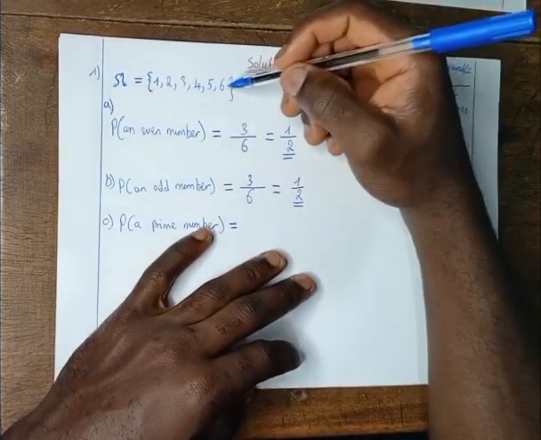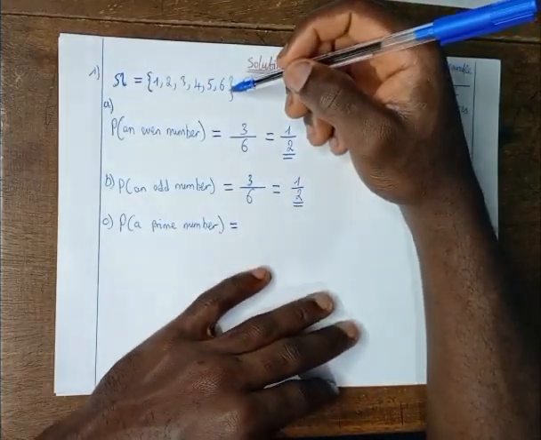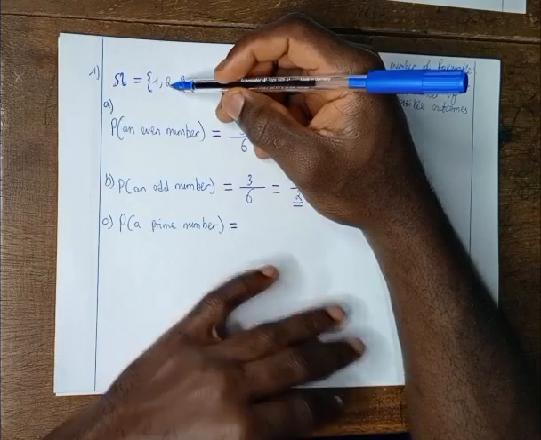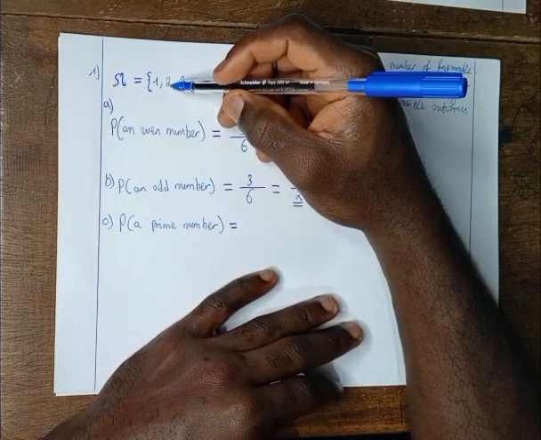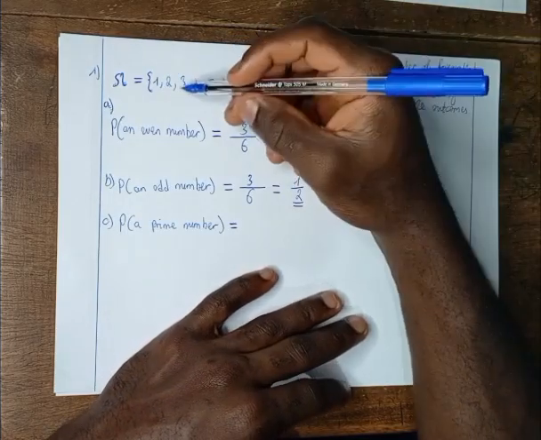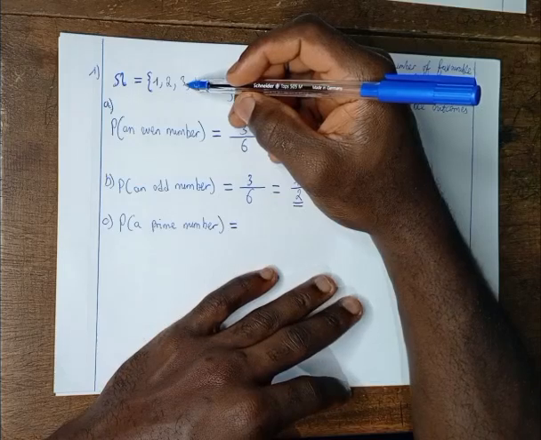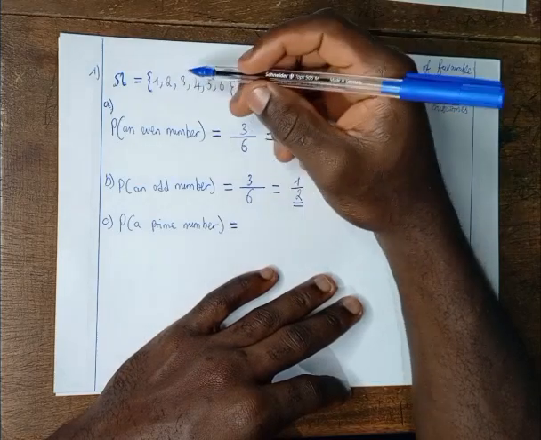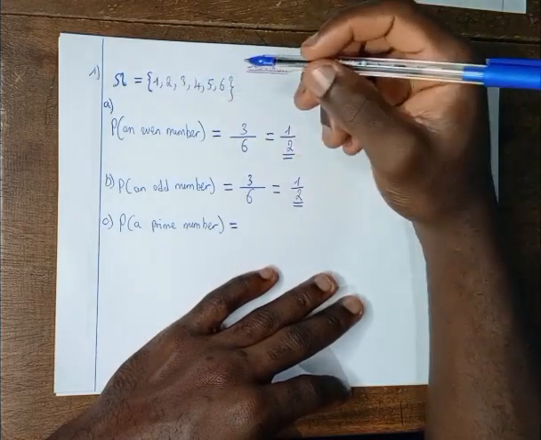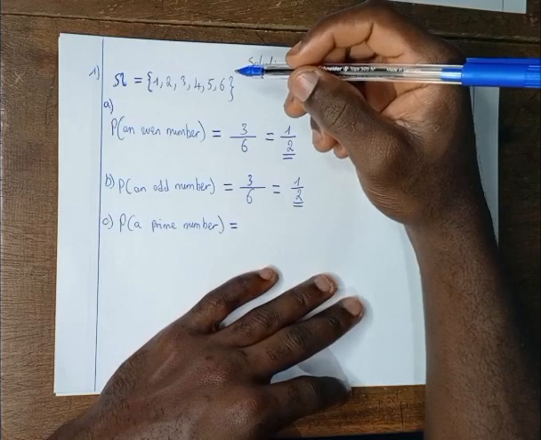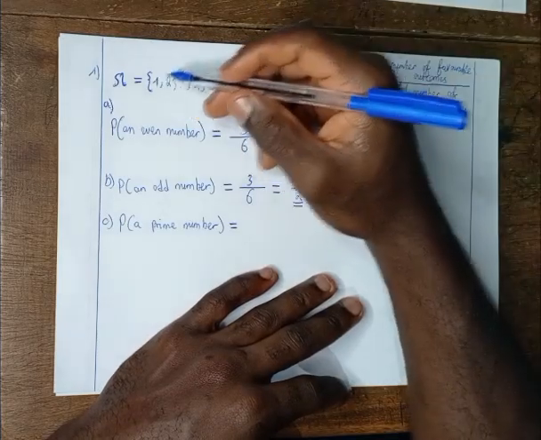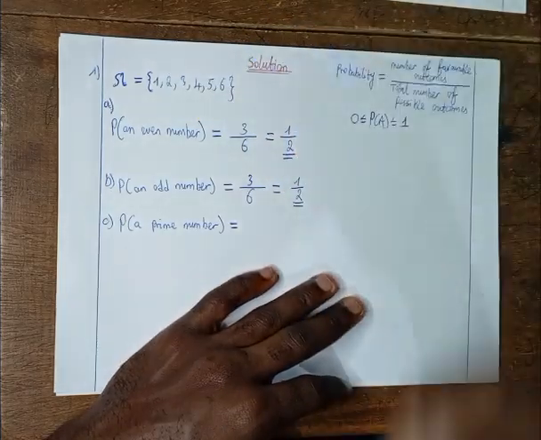Looking at our sample space here, the prime numbers we have, we have the number 2. The number 2 has only 2 positive factors, 1 and the number 2 itself. The number 3 is a prime number. It has only 2 positive factors, 1 and 3 itself. The number 5 is a prime number. It has only 2 positive factors, the number 1 and 5 itself.